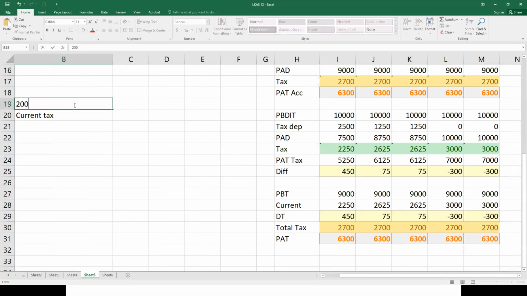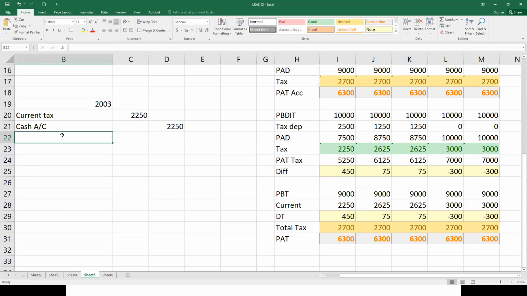Current tax, how much? Current tax 2,250, and the credit is the cash account, 2,250.